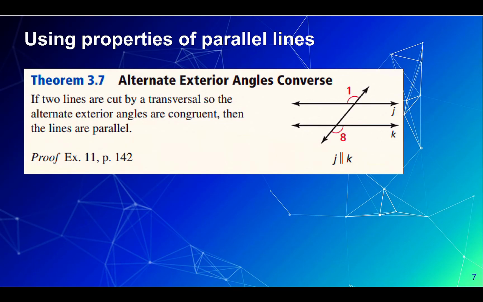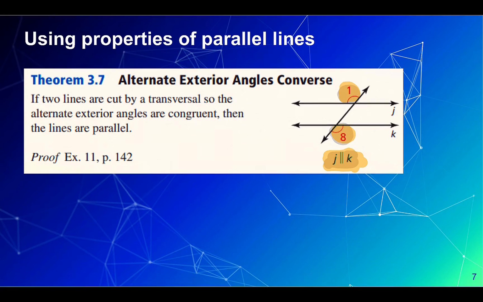The alternate exterior angle converse: if two lines are cut by a transversal so the alternate exterior angles are congruent, then the lines are parallel. So if we say angle 1 is congruent to angle 8, then J must be parallel to K. Yesterday we said if J is parallel to K, then angles 8 and 1 are congruent because they're alternate exterior. This section we're working backwards.